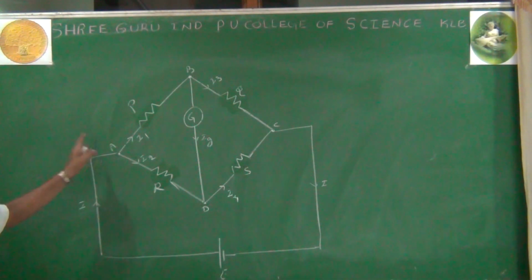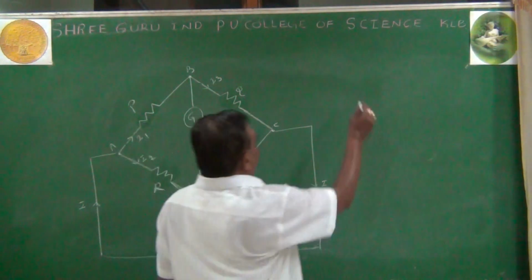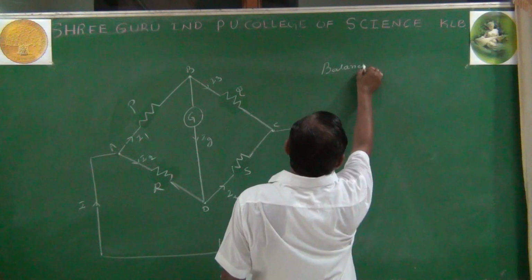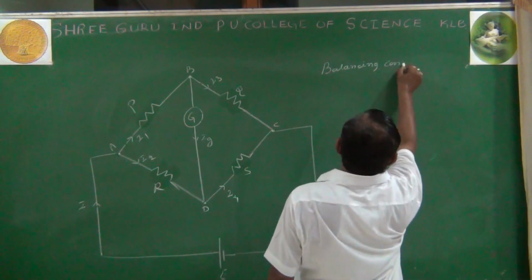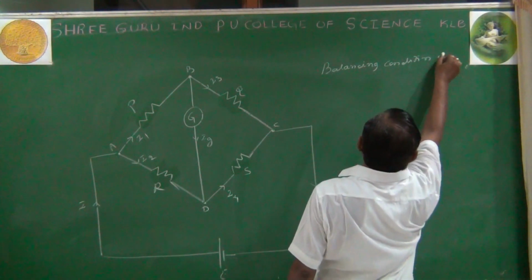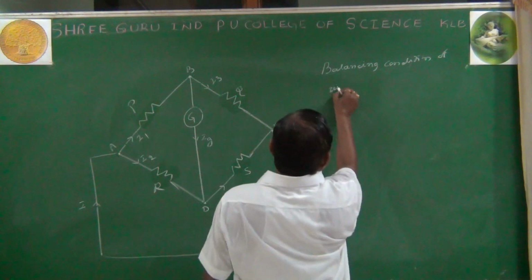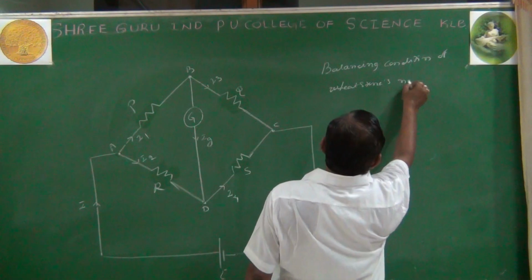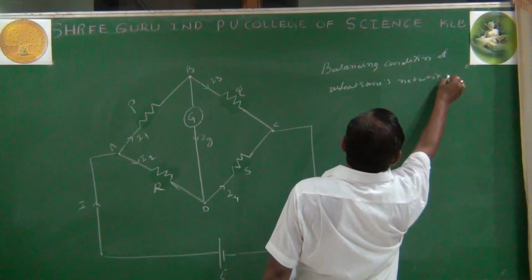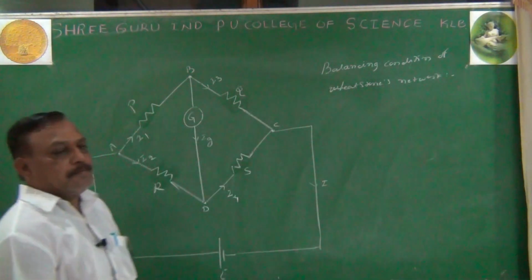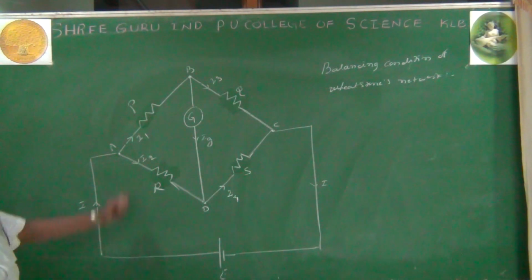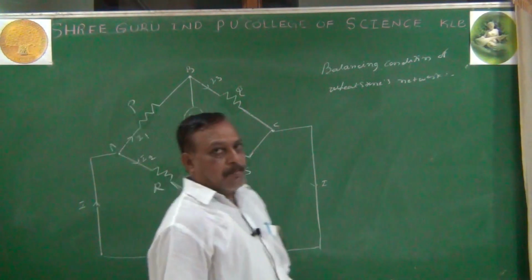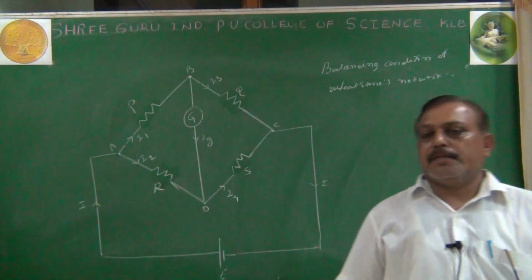Then I go for the important derivation, the balancing condition of the Wheatstone network. It is also called the principle of the Wheatstone network. To obtain the balancing condition, I have to apply KCL and KVL.